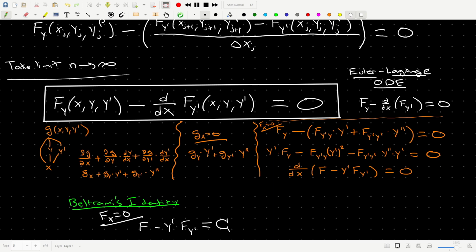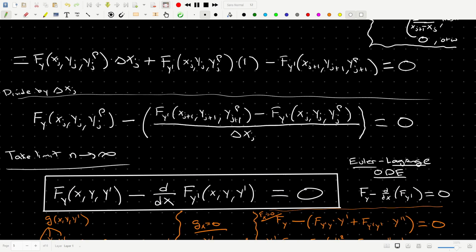So I'd like to take a step back and consider this equation right here, the equation that we took the limit of before, and get a geometric picture of what's going on here.